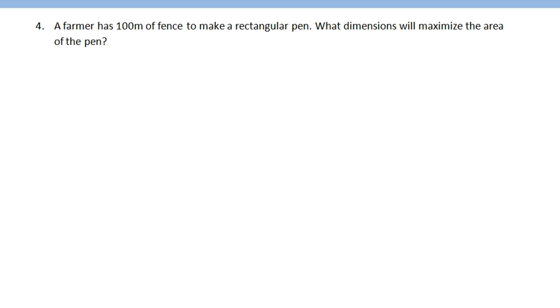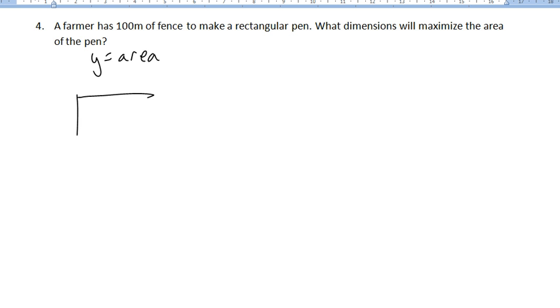And question 4, our final question. Okay, we've got 100 meters of fence to make a rectangular pen, and we want to maximize the area. So right away, let's make y equal the area, because that's what we want to maximize. And there's our pen, and let's call that side x and that side z.